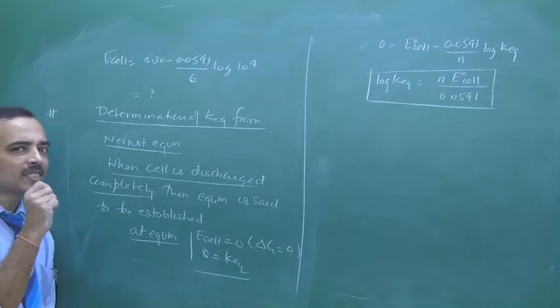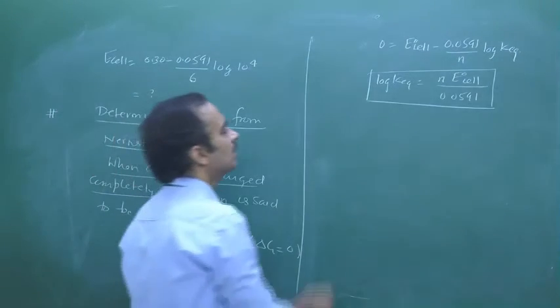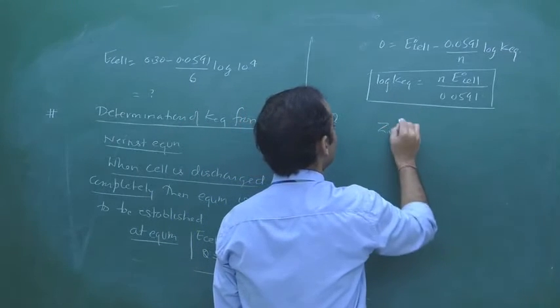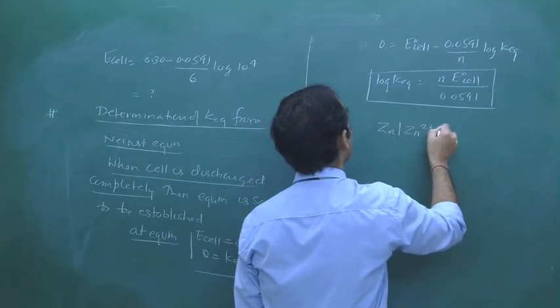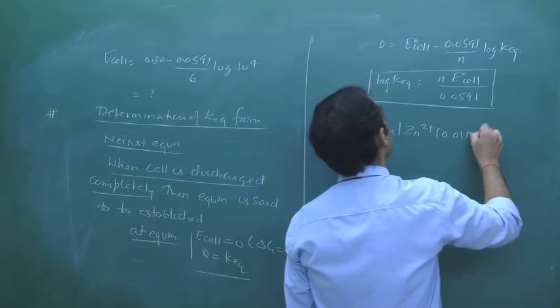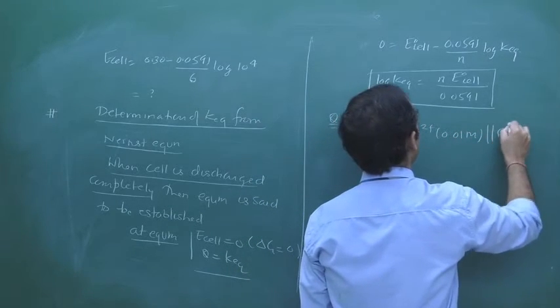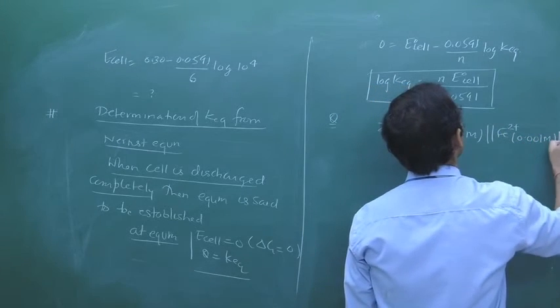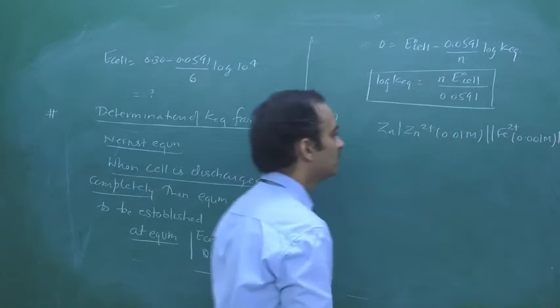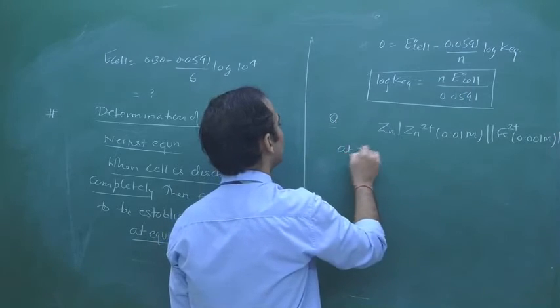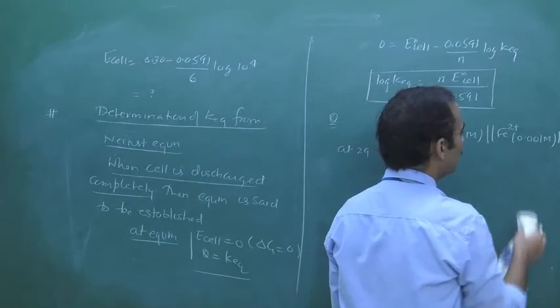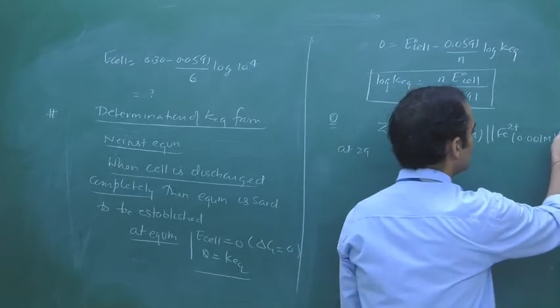Let us do a simple question on this. Suppose we are given a cell of this type. Let me write it down, I hope you are able to see this.